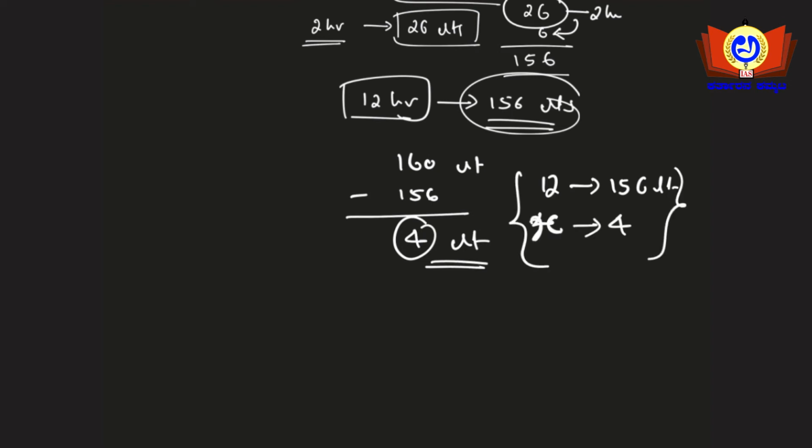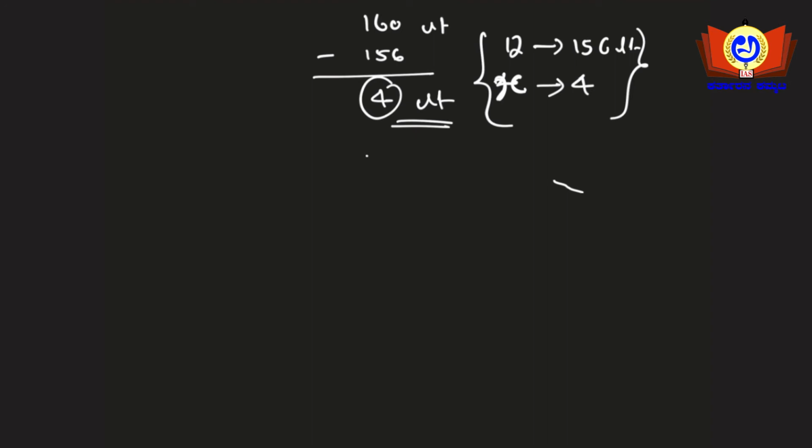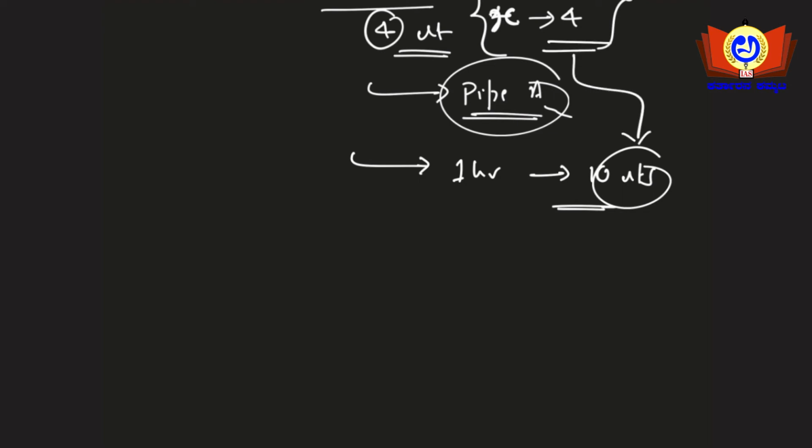This is x here. After completing 12 hours, the next in line will again be pipe A, right? Pipe A's capacity we know: in 1 hour it can fill 10 liters. How many liters do we need? 4 liters. In 1 hour 10 liters can be filled.